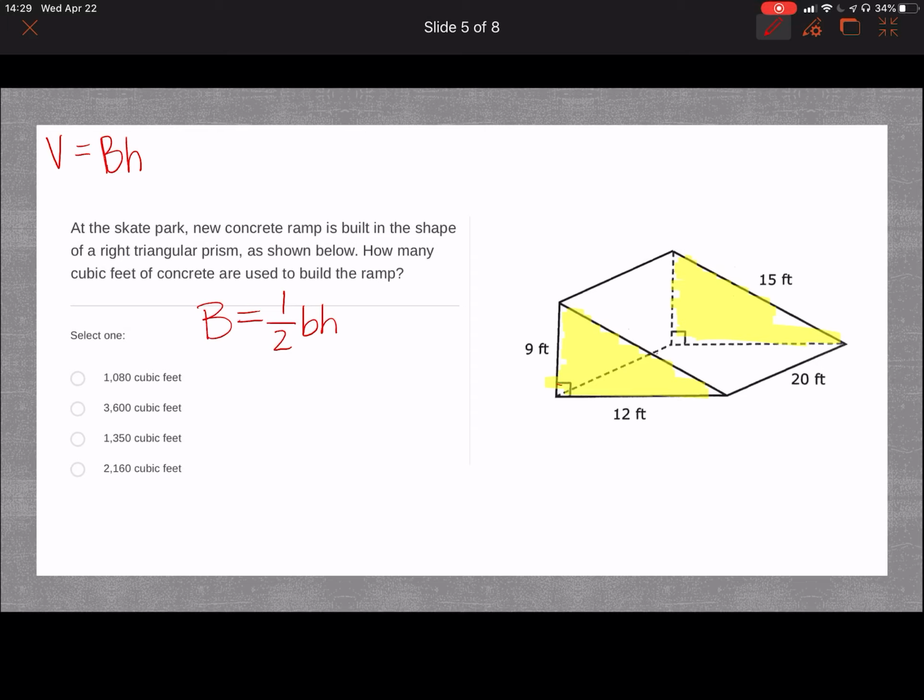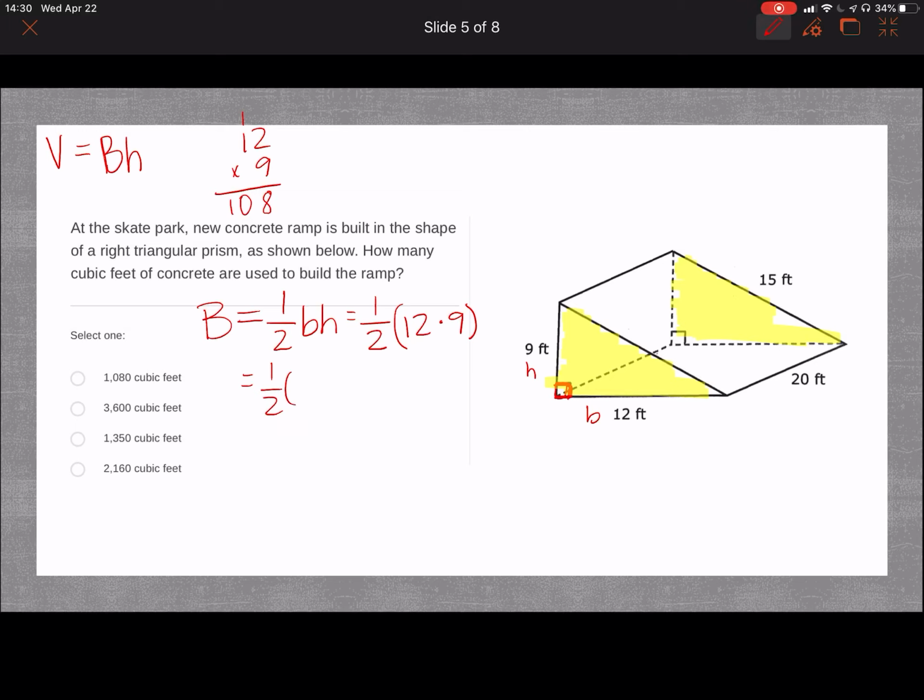Also remember that this little box here, our right angle box, that touches your base and your height for your triangle specifically. Okay, so fill in what we know. We have 1/2 base times height. So 9 times 2, 18. 9 times 1 is 9, plus 1 is 10.